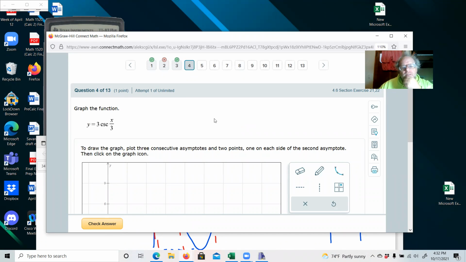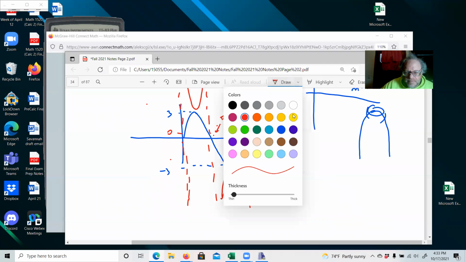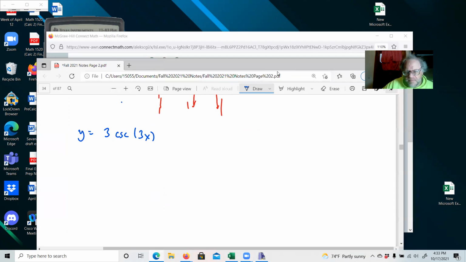Okay, so here we have a cosecant, we have a phase, an amplitude, and then we have our period. So let's have a look. We're trying to graph y equals 3 cosecant of x over 3.